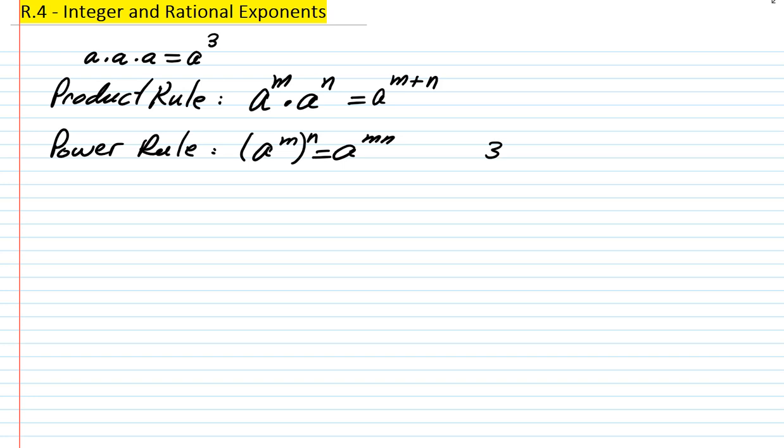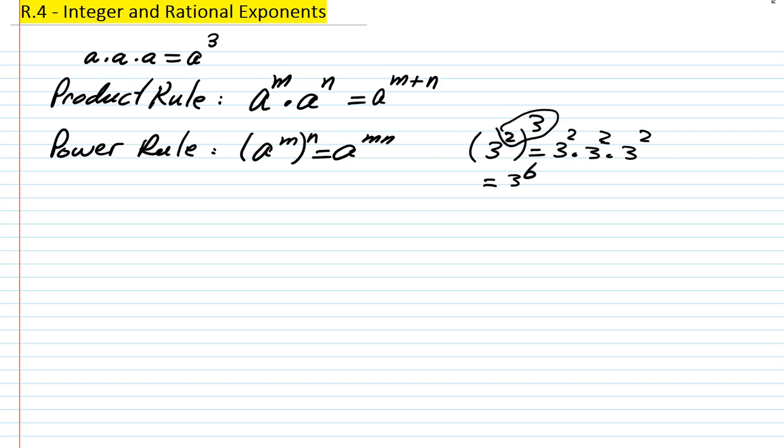For instance, suppose I have 3 squared, and that's cubed. By the definition of exponents, that means 3 factors of 3 squared, multiplied together. Then you can use the product rule of exponents: 3 squared, 3 squared, 3 squared. 2 plus 2 plus 2 makes 6. So we can write it as 3 to the 6th power.